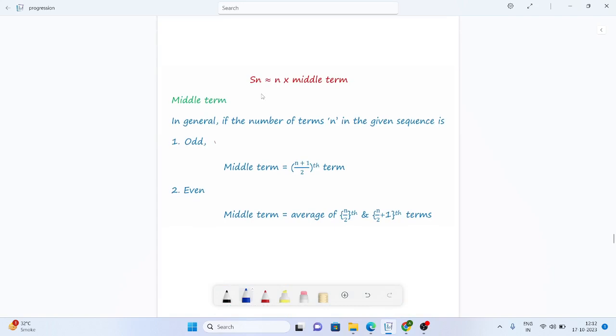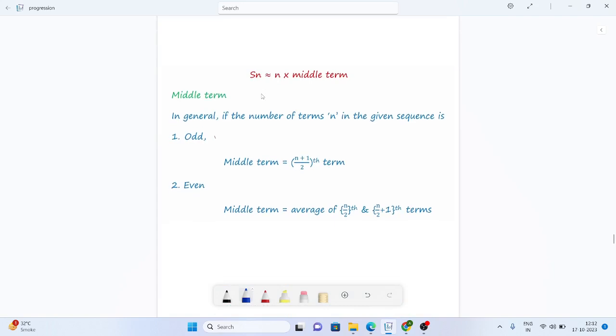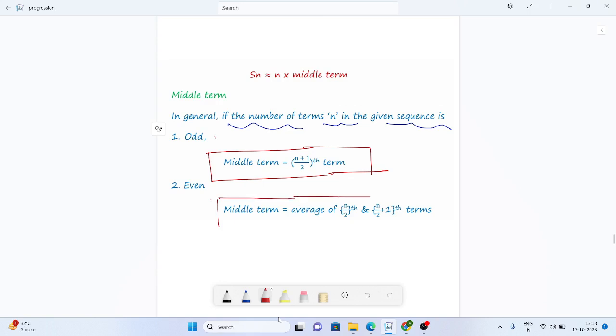So I generalize this: if the number of terms in the given sequence is n, then the middle term is the (n plus 1) by 2 term. And if the sequence contains an even number of terms, then the average of the n by 2 and n by 2 plus 1 terms is the middle term.